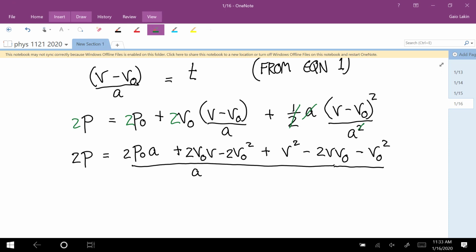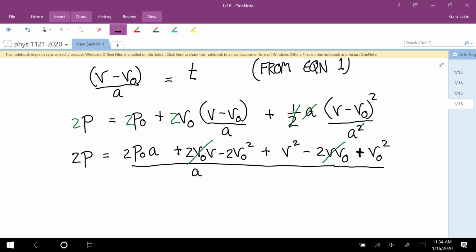We have, let's see, plus V0V minus, plus 2 V0V minus 2 V0V. So these go away. And this should be plus. I FOILed it out wrong.